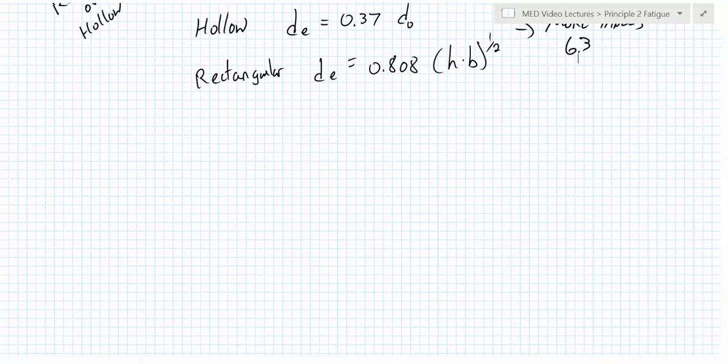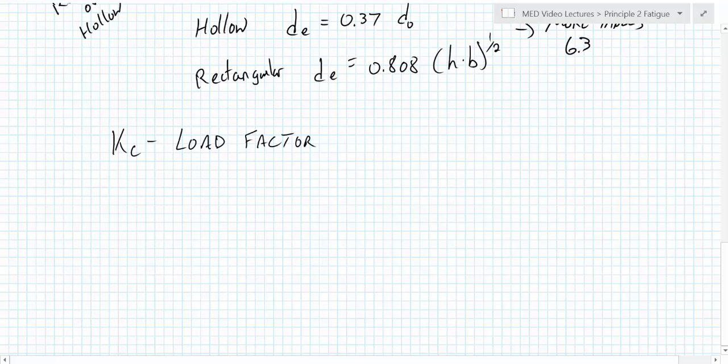Next is the load factor, KC. The load factor accounts for the fact that our test specimen in the RR Moore was under pure bending, but more than likely our situation is not. So if we are in bending, then KC equals 1, because the RR Moore test stand specimen was in bending.